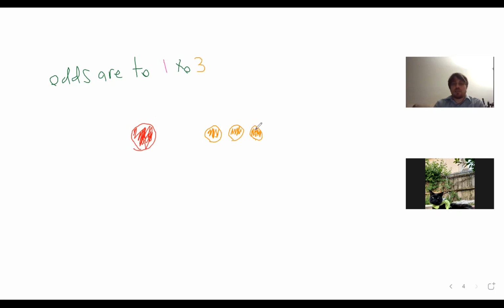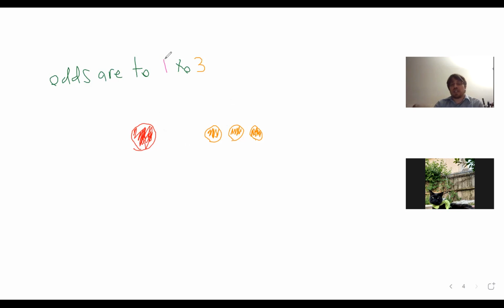So saying the odds are 1 to 3 means every time you see something happening once, you would see it not happening 3 times. And so the probability of it would be 1 over 4, not because there are 4 times, but because the ratio is 1 to 4, 1 out of every 4.